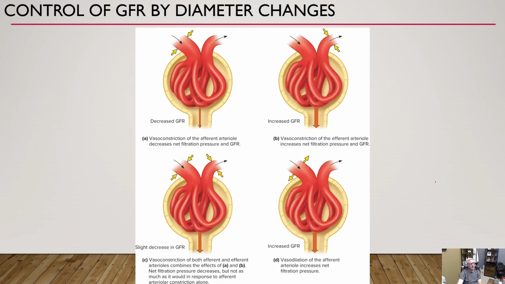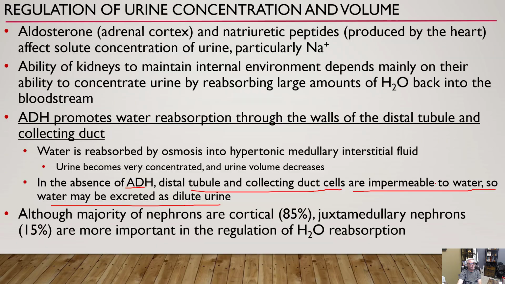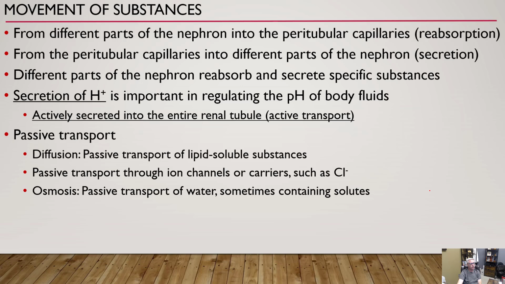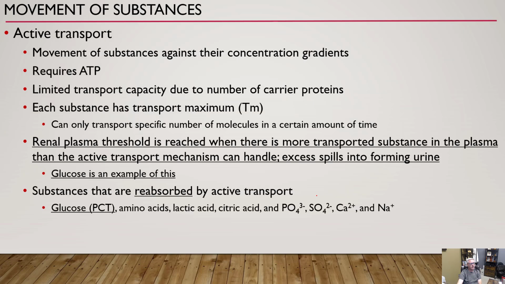But if we are diabetic and we've had too much sugar and we've reached our transport maximum, we have to do something with that excess glucose. And if we're diabetic, or pre-diabetic, that glucose is going to spill into the urine.